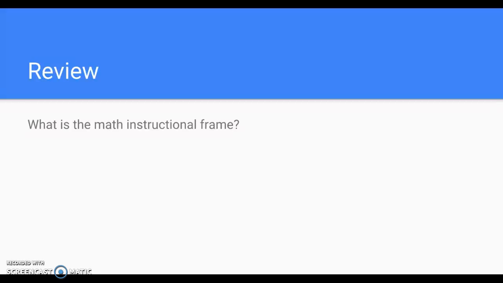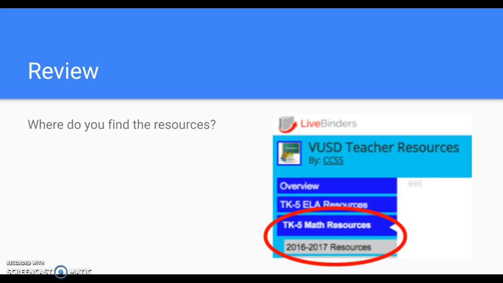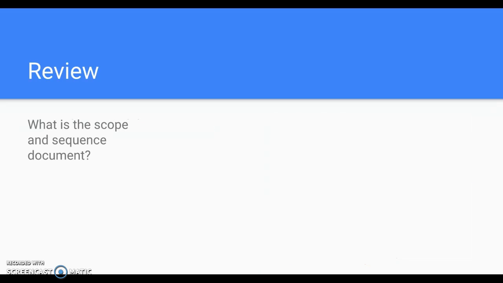So let's review. What is the math instructional frame? It is a balance of conceptual, direct instruction, and problem-solving lessons. Where do you find the resources? On the VUSD Teacher Resources tab. What is the scope and sequence document?